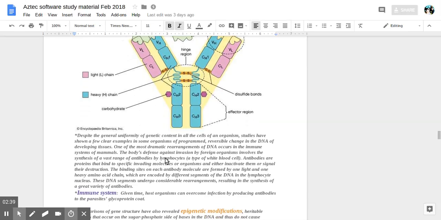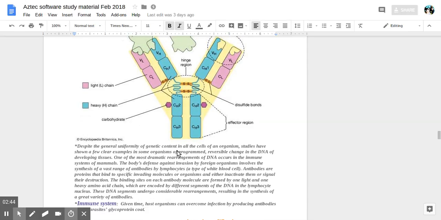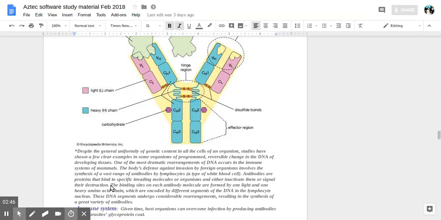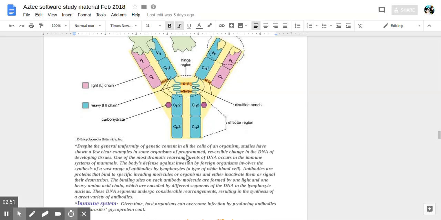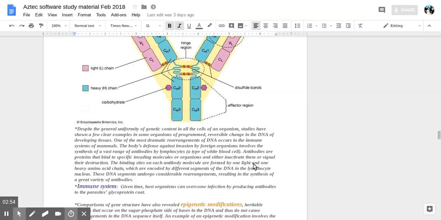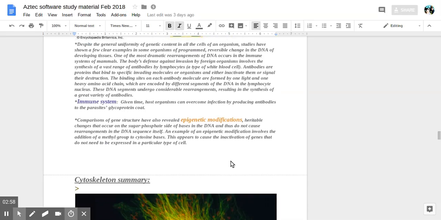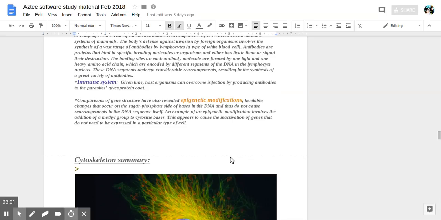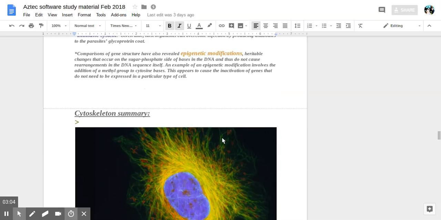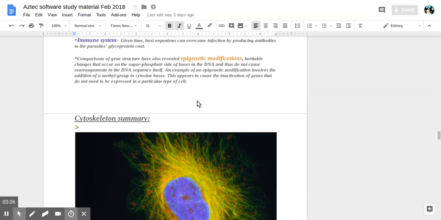The binding sites on each molecule of antibody are formed by one light and one heavy amino acid chain, which are encoded by different segments of the DNA in the lymphocyte nucleus. So given time, the host organism can overcome an infection by producing antibodies to the parasite's glycoprotein coat.